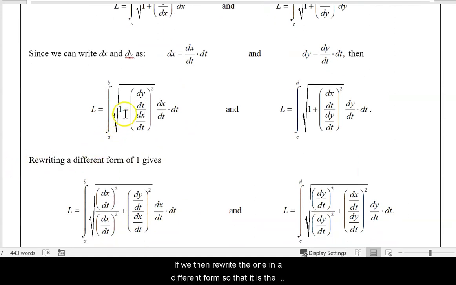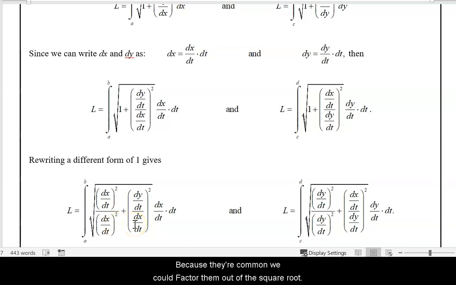If we then rewrite the 1 in a different form so that it is the denominator squared divided by itself, in the first arc length formula, (dx/dt) quantity squared divided by (dx/dt) quantity squared, and in the second, (dy/dt) quantity squared divided by (dy/dt) quantity squared, this will give us a common denominator between the two parts underneath the square root.